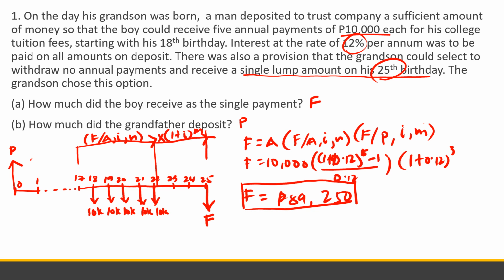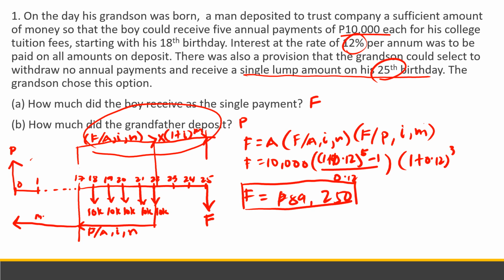So, in finding P, meron tayong dalawang option. So, you can use this equation again, but pabaliktad. So, parang deferred annuity na siya. So, from here, papuntang 17, gagamit tayo ng P given A, I times N, tas from 17 to P, so M equals 17, N equals 5.